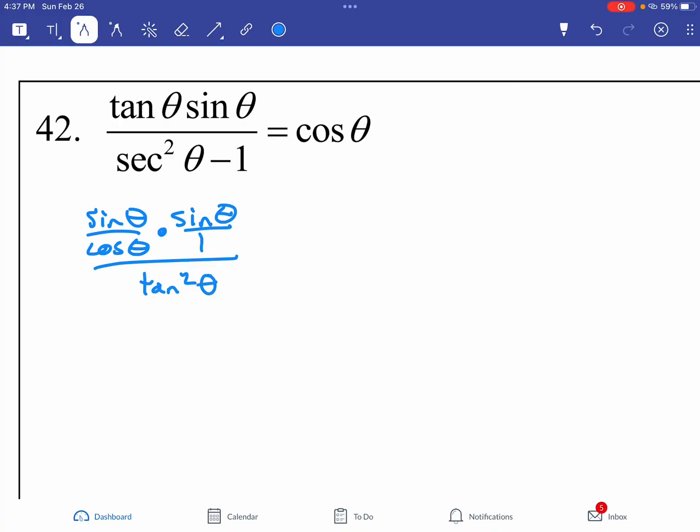Okay, what I'm going to do next, I'm going to multiply my fractions on the top. Sine times sine is sine squared. Cosine times 1 is cosine. Now on the bottom, my tangent squared is going to become sine squared over cosine squared.